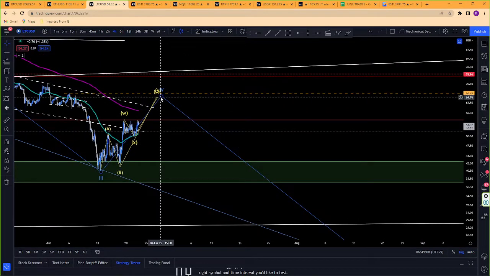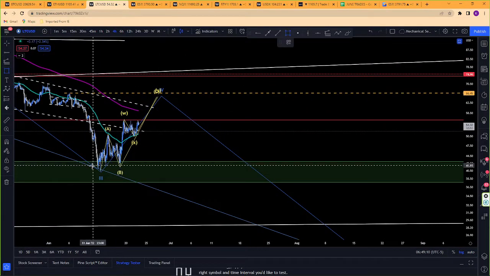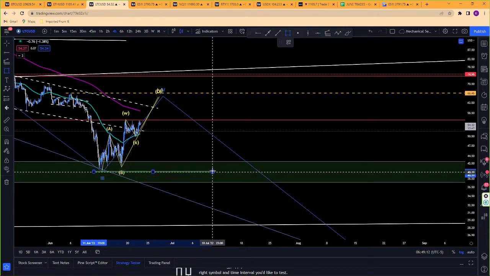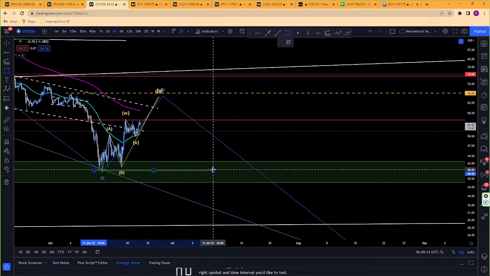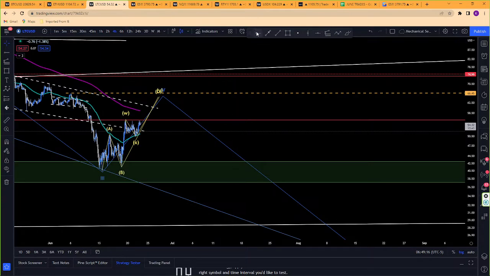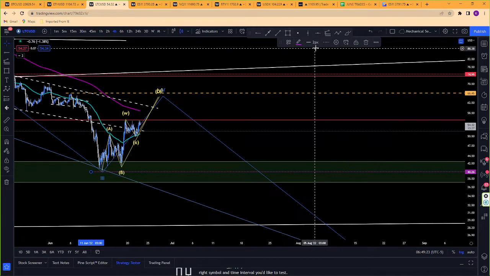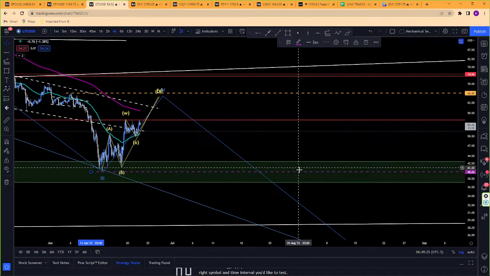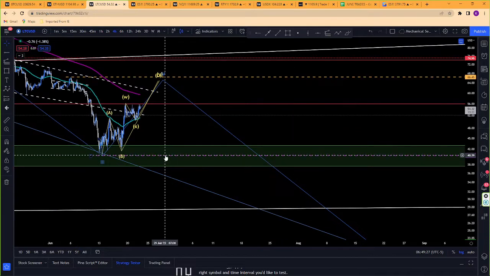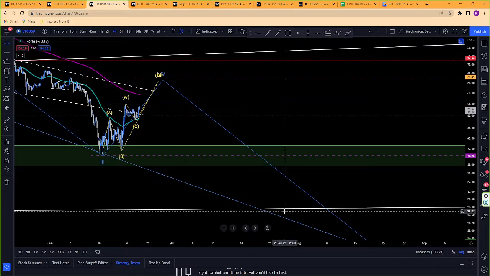confirming a good solid rejection here means that we break here. We got to break this level. Okay? I'm going to put this in here. Give me a good strong color. There you go. Okay. We got to break 40.26.